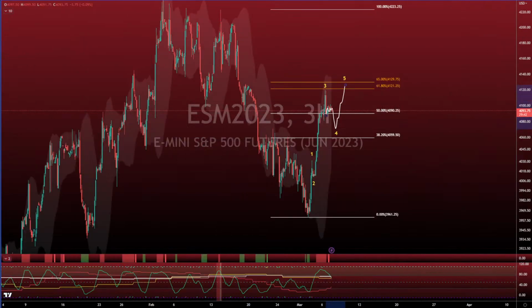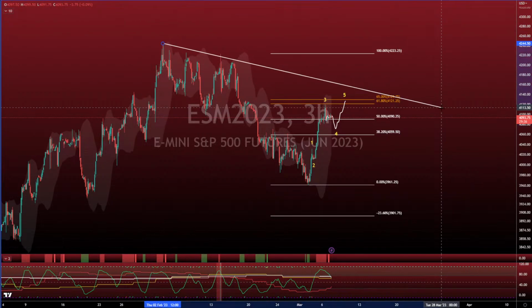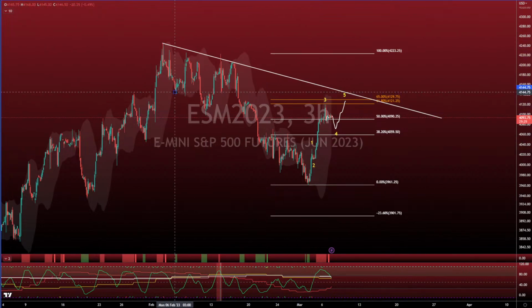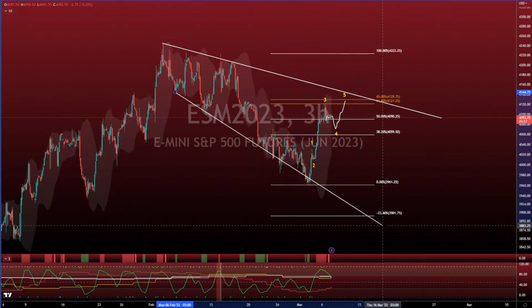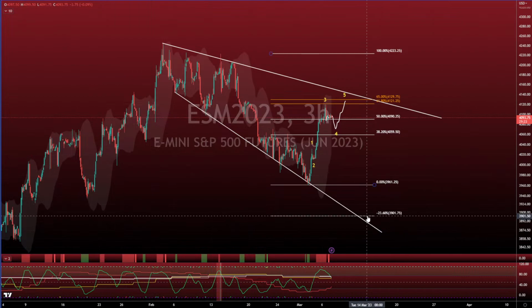I'm going to move out here to a 3-hour, and we're going to take a look at this from a channel perspective, and also from a lower low to lower low to lower low perspective. All right, so I believe we're not going to go down below 3,900.